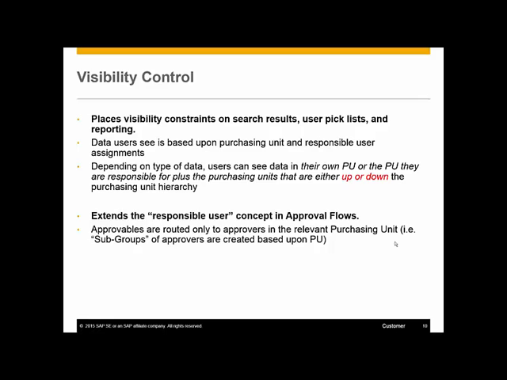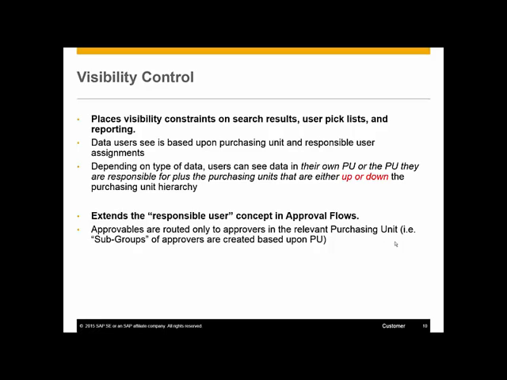And remember, if we do have a hierarchy established, then depending on the type of data, users can see in their own purchasing unit, or potentially the purchasing unit they're responsible for, plus purchasing units that are either up or down in the hierarchy.